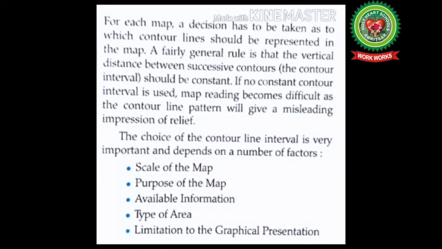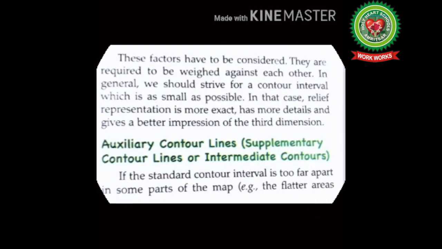If no constant contour interval is used, map reading becomes difficult as the contour line pattern will give a misleading impression of relief. The choice of the contour line interval is very important and depends on a number of factors like scale of the map, purpose of the map, available information, type of area, and limitation to the graphical presentation.